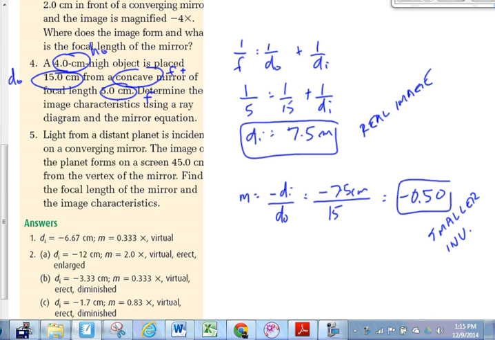Now, technically, negative 0.5 could be an upright image if the object was upside down. But if we assume the object is right side up, and it doesn't say otherwise, then the image in this case would be upside down. All right? Is that good?